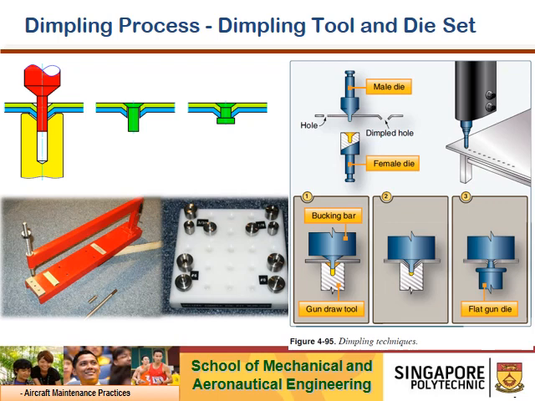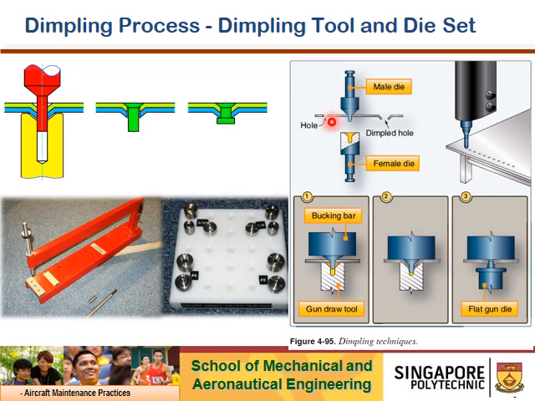This is a dimpling process. Dimpling is a process that applies compressive loading and creates an indent on the sheet metal. So you need a dimpling tool and die. They use compressive loading, while countersinking is actually cutting away material.